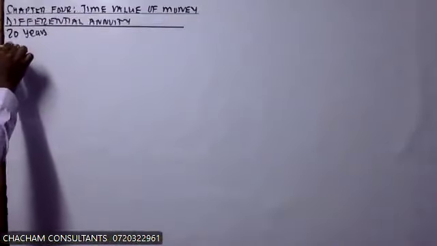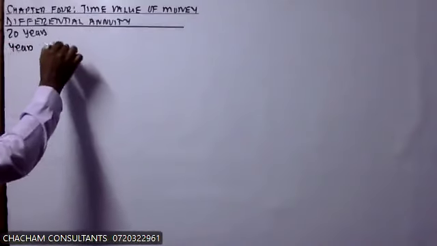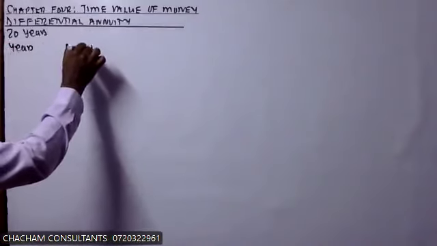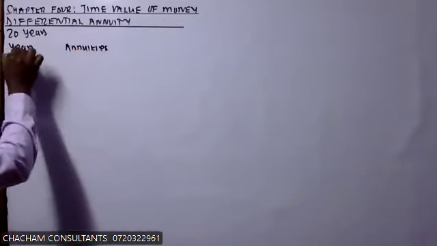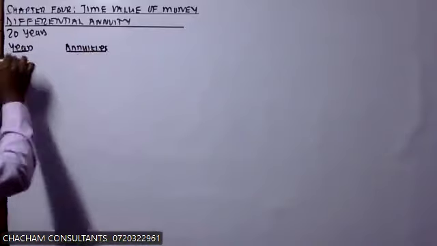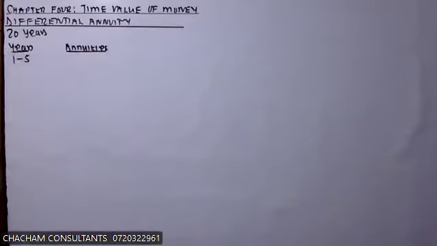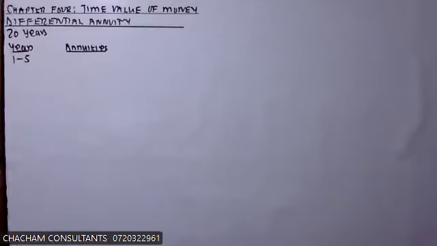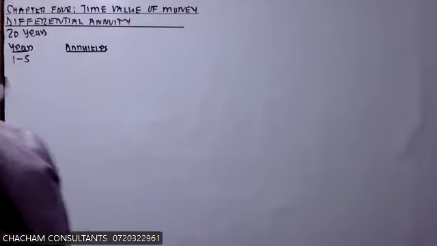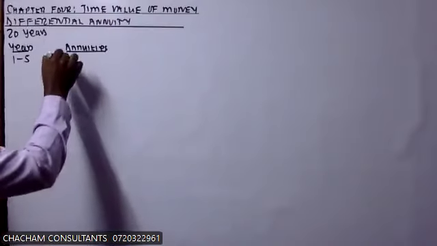So we have the years and then annuities. From year 1 to year 5, we have 450,000.